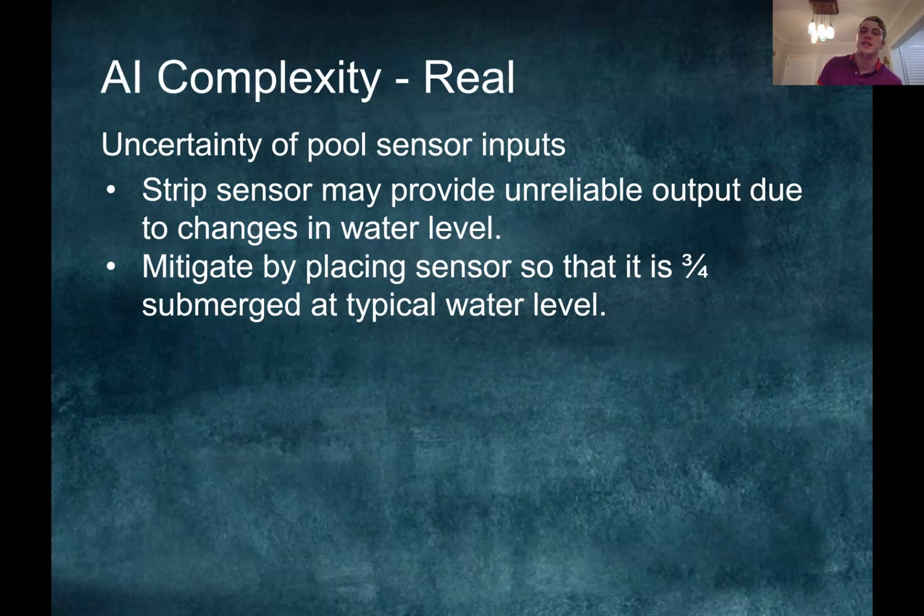It doesn't fully mitigate the problem, but it helps by putting the strip sensor at 3/4 high. It should be 3/4 covered by the water level, submerged, so that if there is some evaporation, it should still be centered on the sensor.